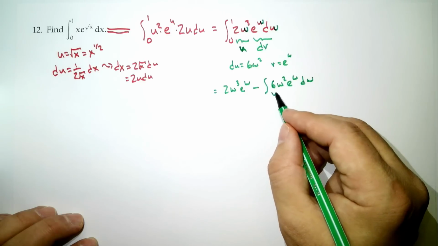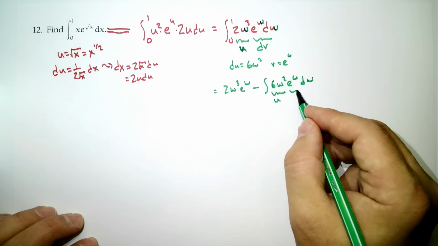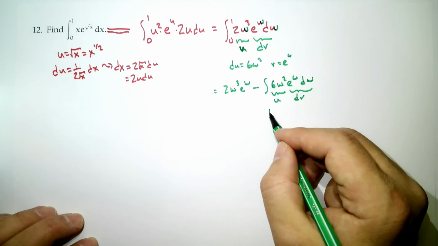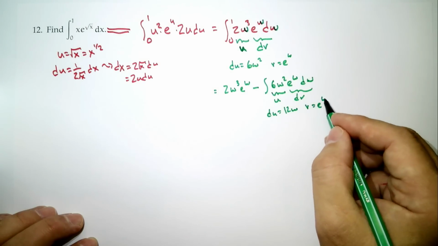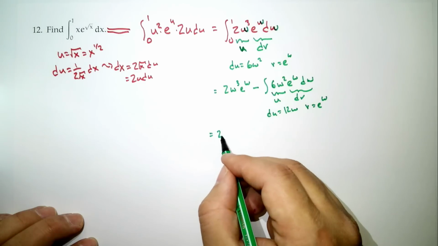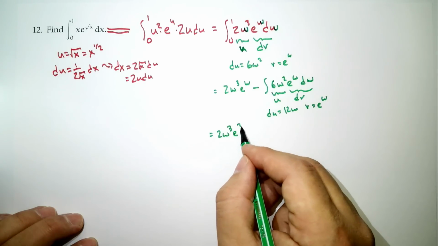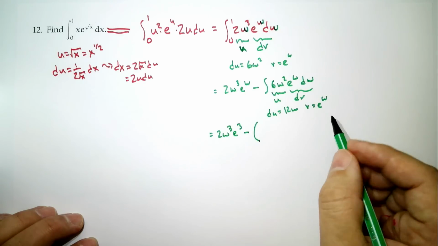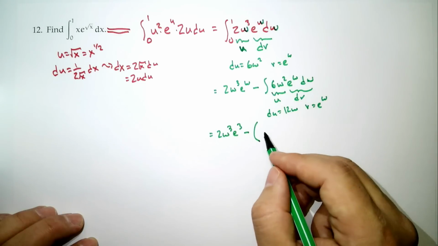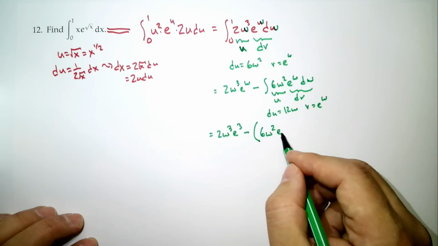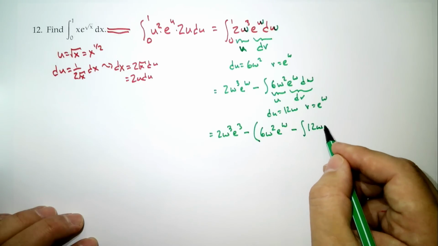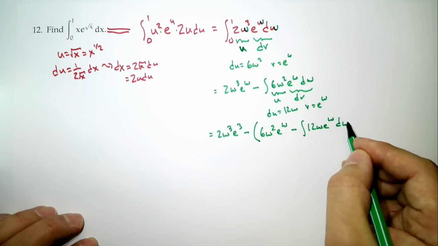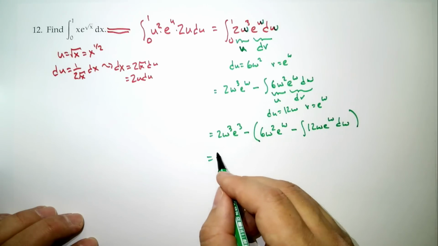And we say, all right, repeat. There's u, there's dv, du is 12w, v is e to the w. So we get 2w cubed e to the w minus, parenthesis, so we don't lose anything, 6w squared e to the w, then minus the integral of 12w e to the w dw.